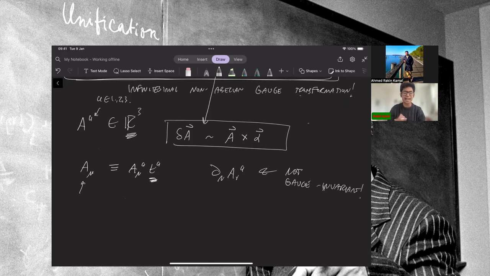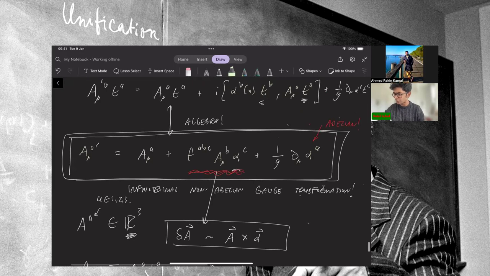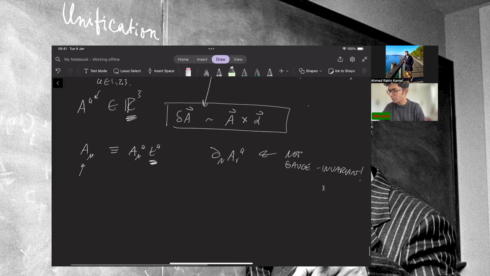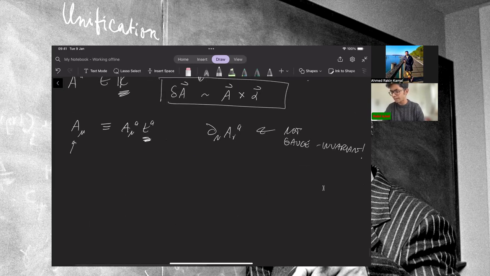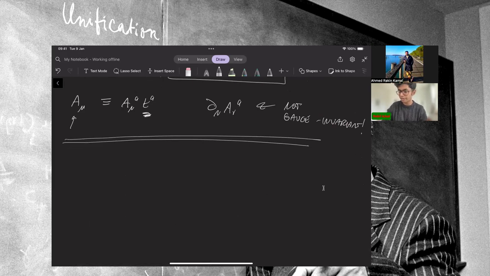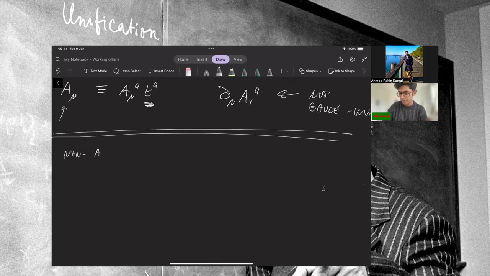In the abelian case, I could just see that d mu A nu minus d nu A mu is going to be gauge invariant. Here, because of this extra term, the problem is pretty bad. I don't know how to immediately solve this. And the way to do it is what we did in the U1 case: we need to construct the non-abelian field strength, which is a gauge invariant combination of derivatives.